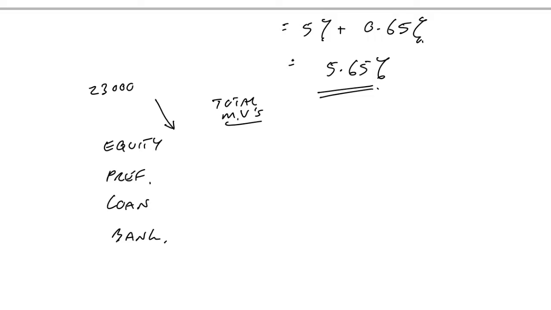But since the nominal value is only 25 cents a share, the number of shares is 4 times that. There must be, whatever that comes to, 92,000 shares at 25 cents each is how we got the 23,000. So that's the number of shares. The market value per share is 426. So the total market value of the shares, 4 times 23,000 times $4.26 is 391,920.